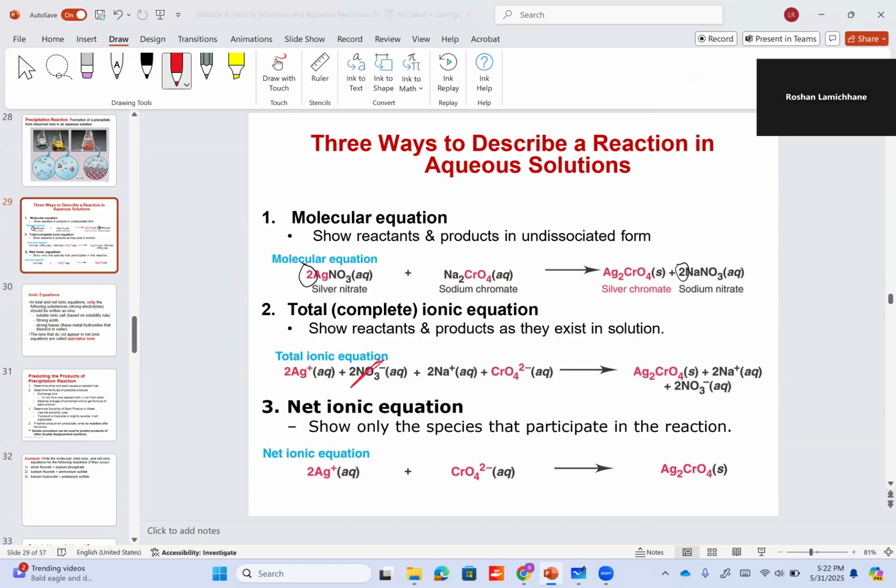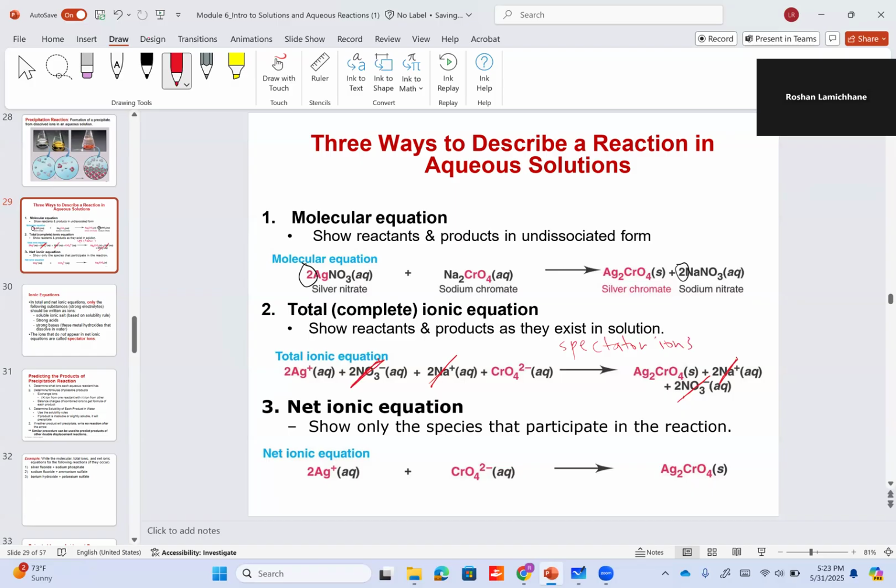NO3 ion cancels out with NO3. When I say both sides, I mean reactant side and product side, if they are the same. I have 2 sodium plus, 2 sodium plus. I can cancel them out. The ions that cancel out are called spectator ions. So please write that word out.